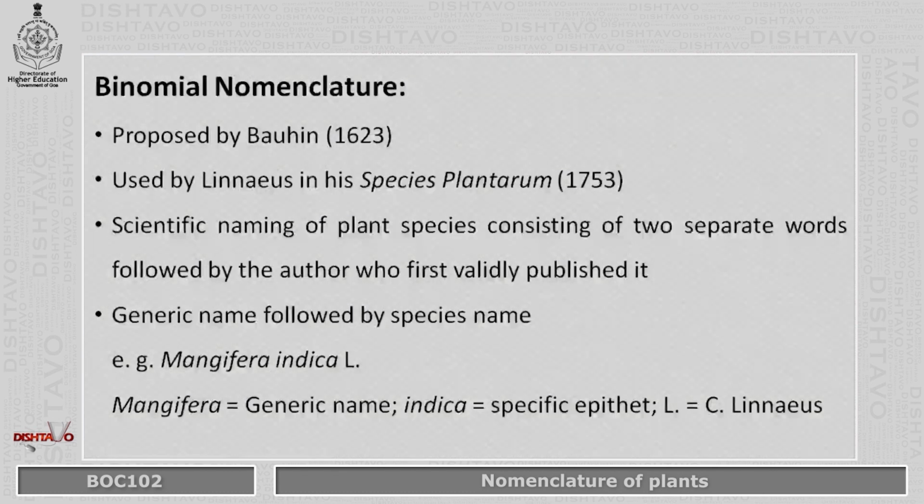Scientific naming of a plant species consists of two separate words followed by the author who first validly published it. The generic name is followed by the species name. In this example, the name of the plant is Mangifera indica, where Mangifera is the generic name, indica is the specific epithet, and L stands for Carolus Linnaeus, the author of the species.